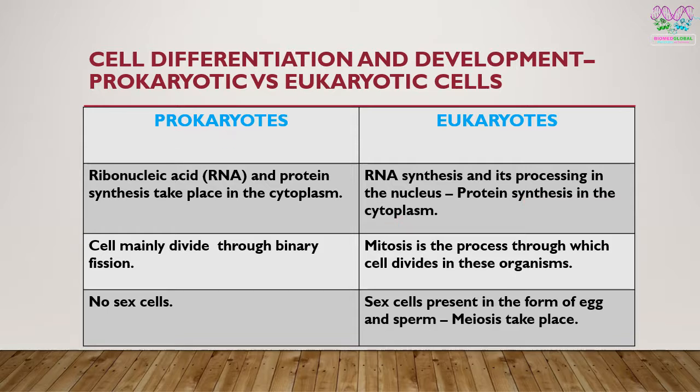In prokaryotic cells, the cell division is through binary fission. However, in a eukaryotic cell, mitosis is the process through which a cell divides in all these eukaryotic organisms. In a prokaryotic cell, there are no sex cells, and in a eukaryotic cell, there are well-defined sex cells, and the formation of sex cells is through the meiotic process.